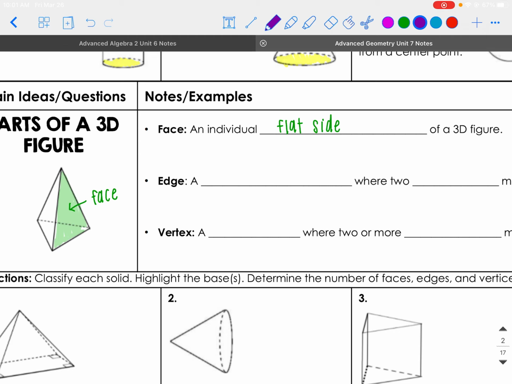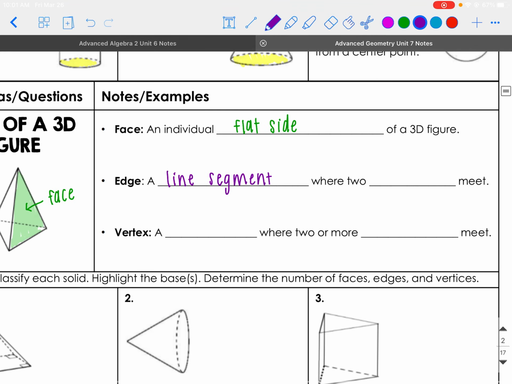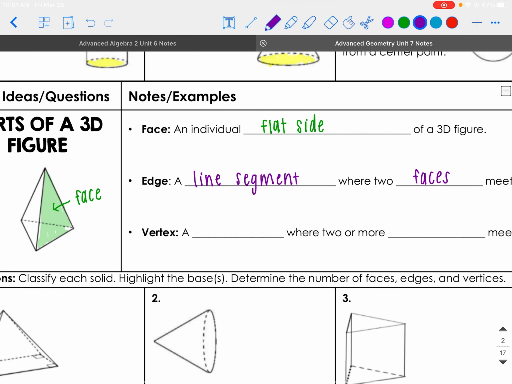An edge, that is a line segment where two faces meet. So for example, this right here, that is an edge.